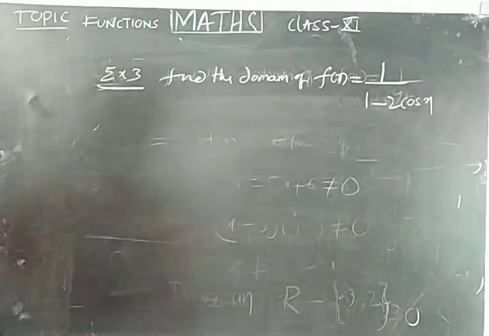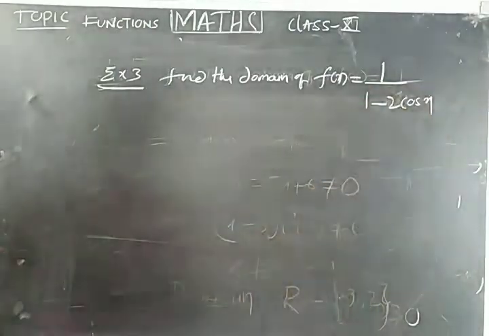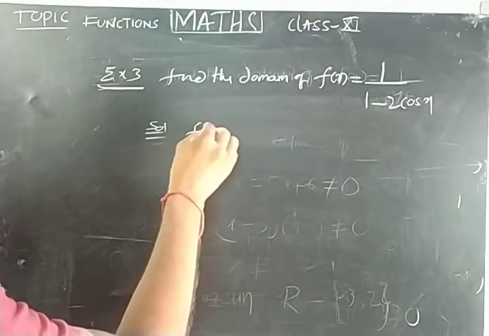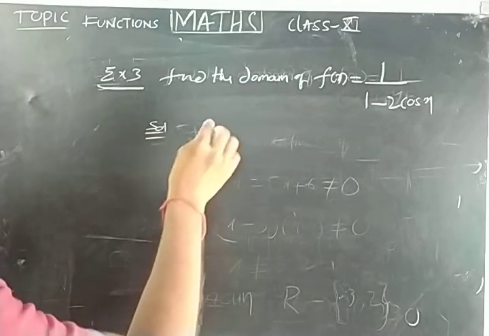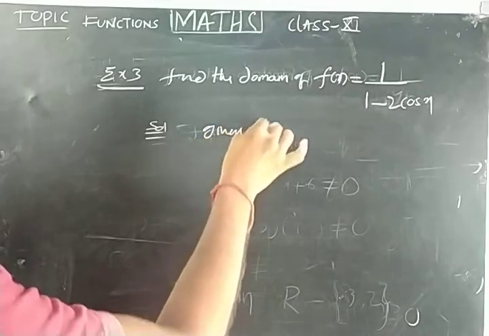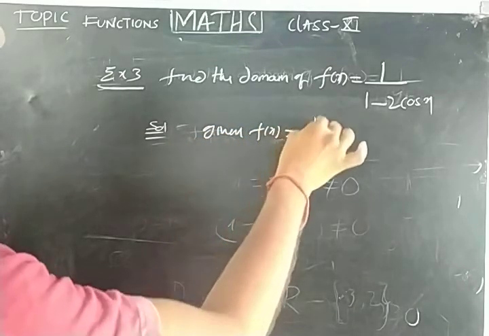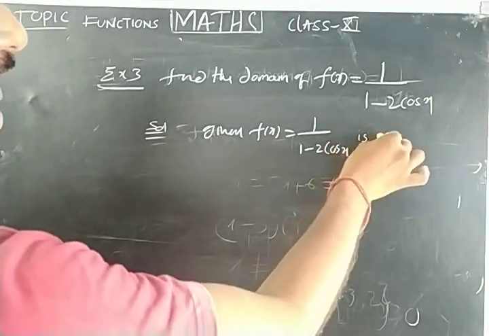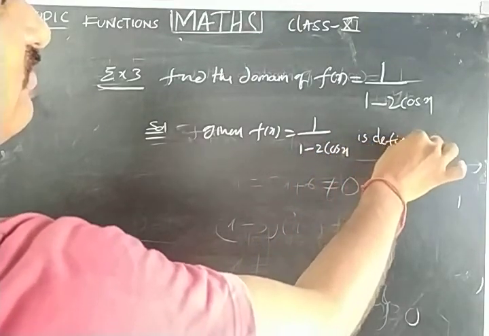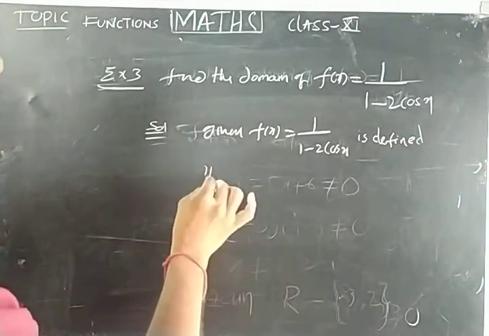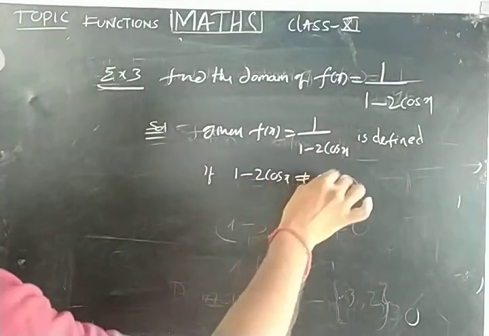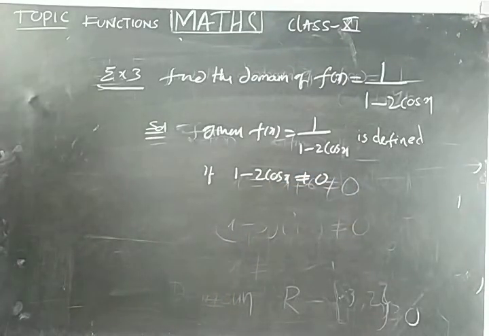When is it defined? If the denominator is not equal to 0. So solution: f of x equals 1 by 1 minus 2 cos x is defined if 1 minus 2 cos x is not equal to 0.